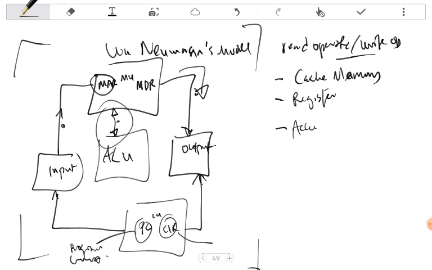Then you have the accumulator, the register that is used for calculations. Typically, when you have a CPU with one register, you call that register the accumulator. So that's that about that.